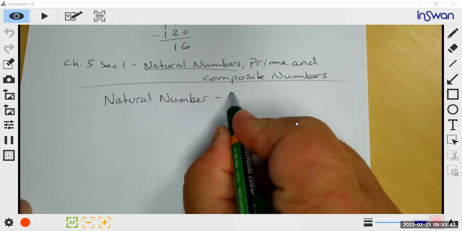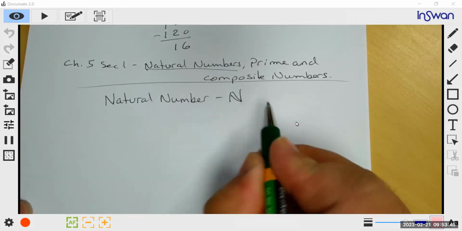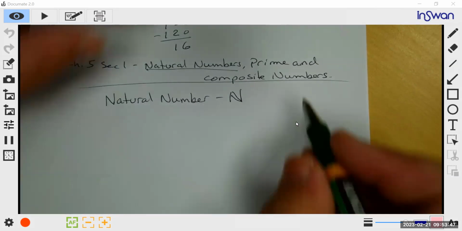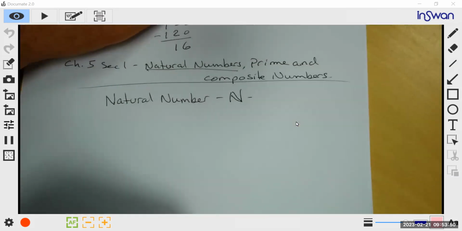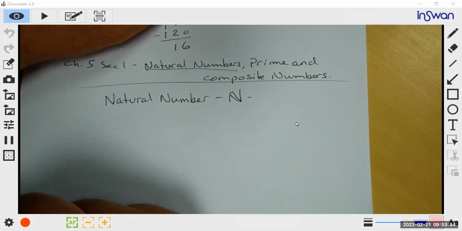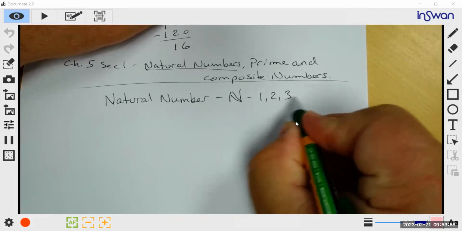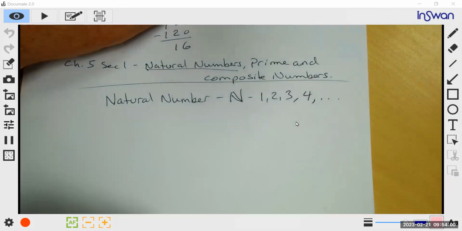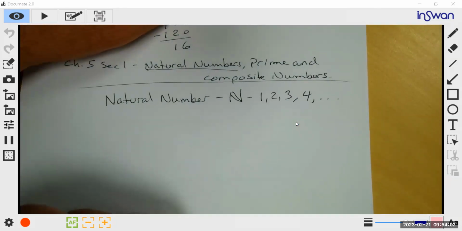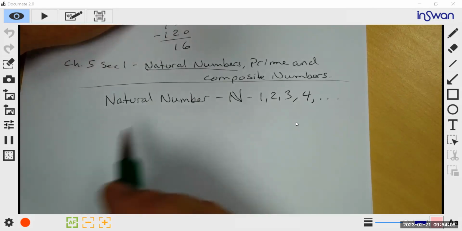The symbol of a natural number is this. If I ask you to count, where do you start from? And you keep on going. So 1, 2, 3, 4, and so on and so forth. Those are the natural numbers. Then we go a little bit further.